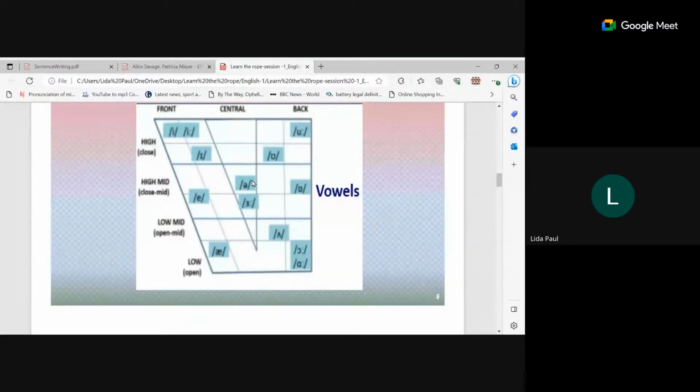What do we mean by stress? When you say that a particular syllable is stressed in a word, you are saying that part of the word is said a bit louder and in a more prominent way, in a louder and lengthier fashion.